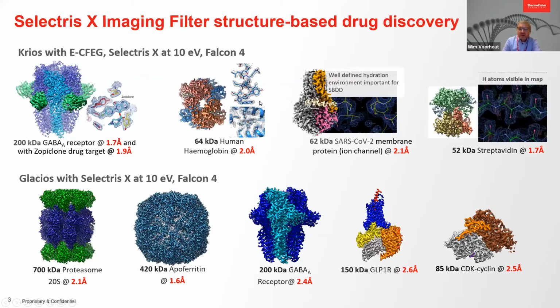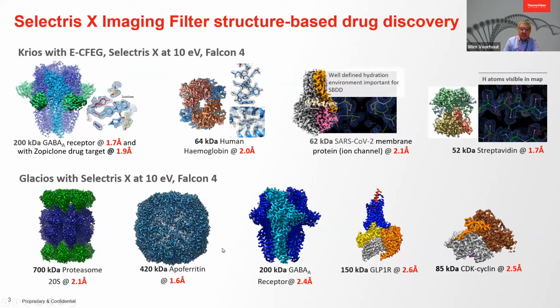Nowadays we can also go to very small proteins. This is human hemoglobin. Here is an example of a SARS-CoV-2 membrane protein. During the pandemic, cryo-EM was used quite a lot to resolve the structure of the membrane proteins and ion channels in order to develop these vaccines.